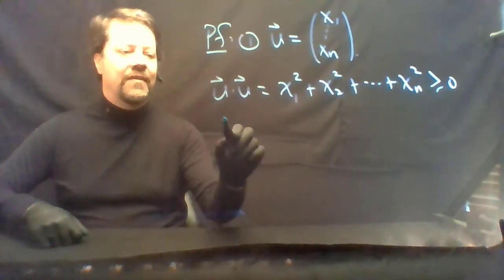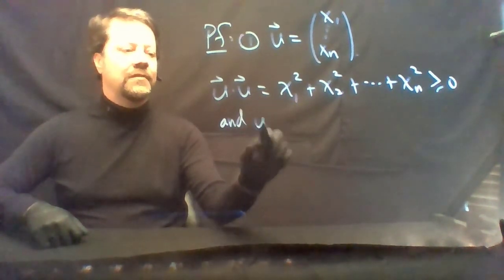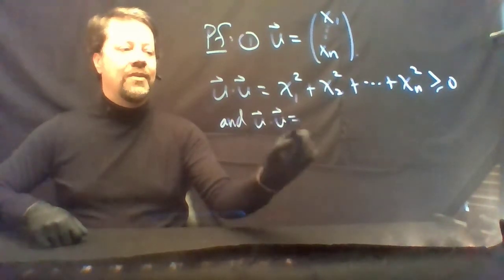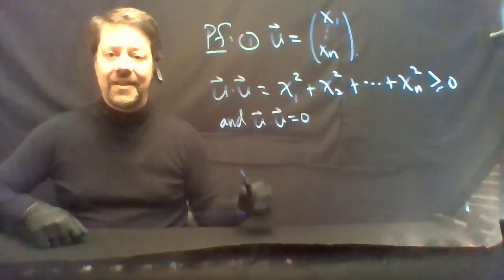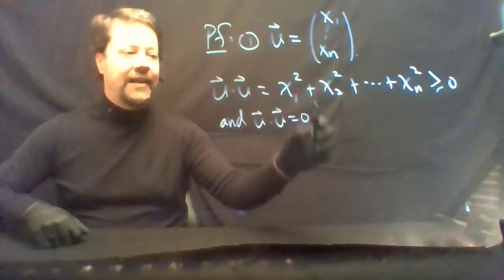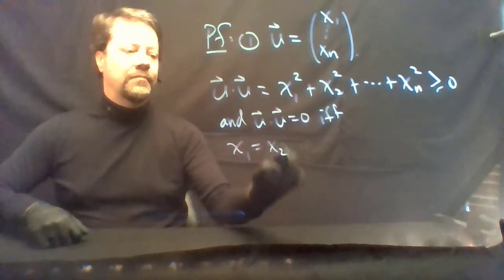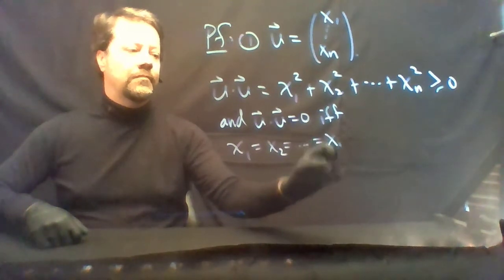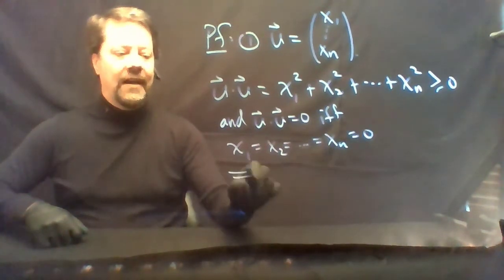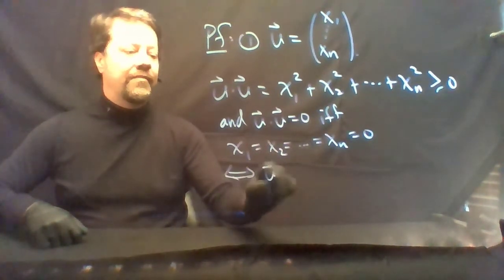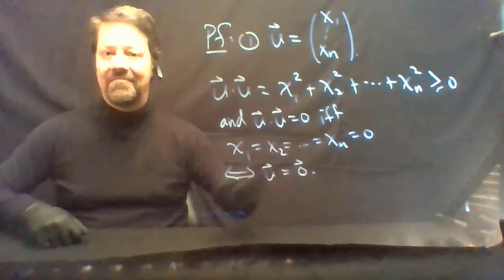What is more, the only way you can get 0 is if every single term is 0, since they're all non-negative. And that's true if and only if u is, in fact, the 0 vector.